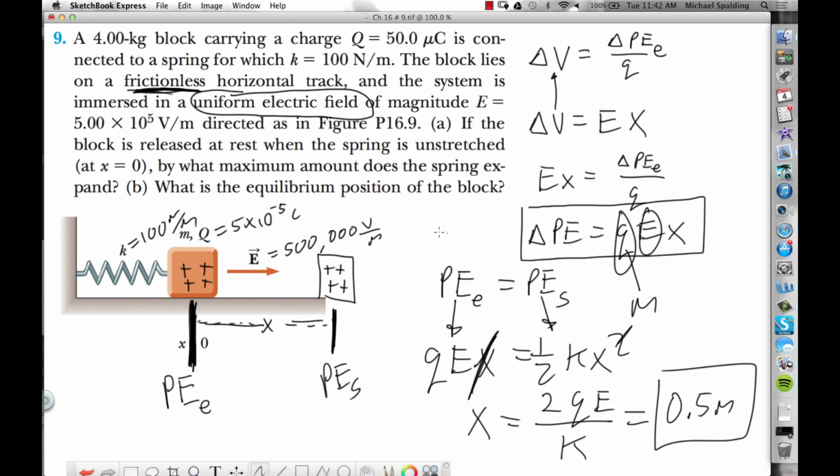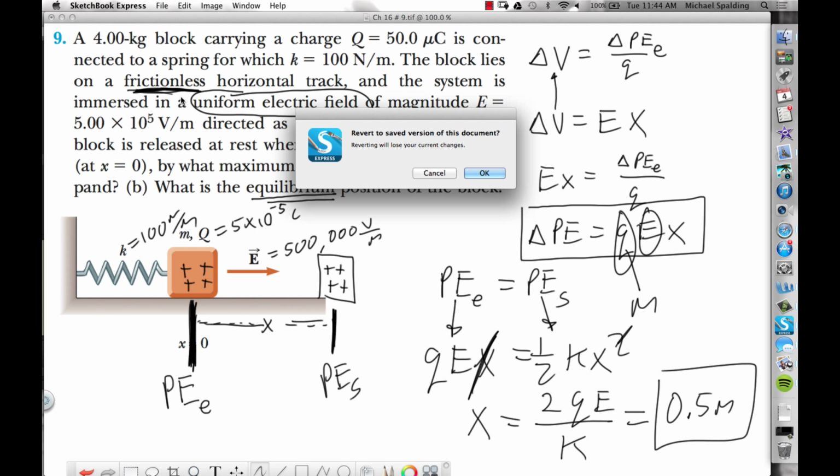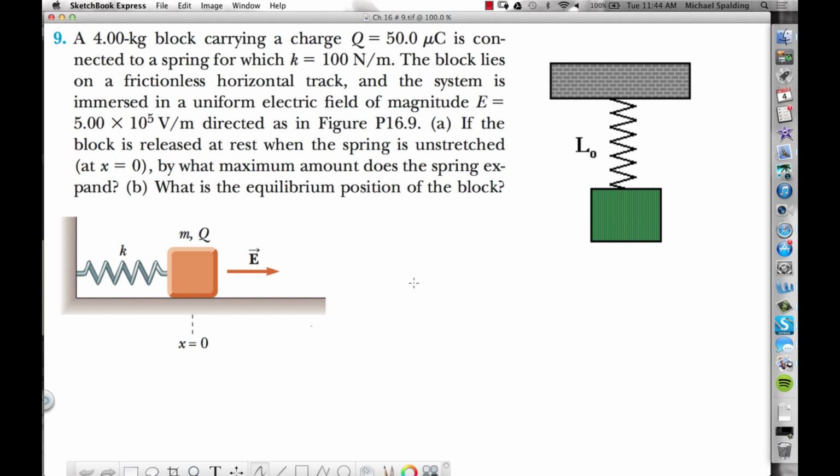B, second question: what is the equilibrium position of the block? Let me review what equilibrium is. Equilibrium is a fancy name for not accelerating. Let's look at the gravity one again.